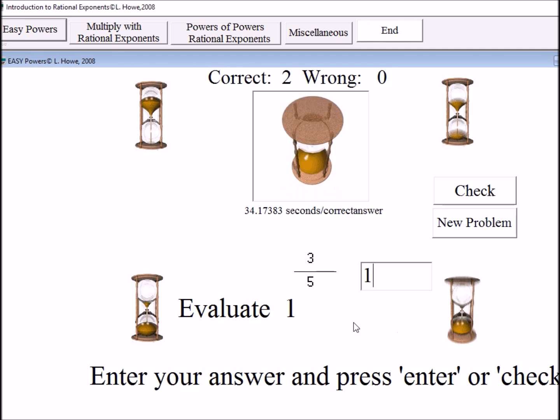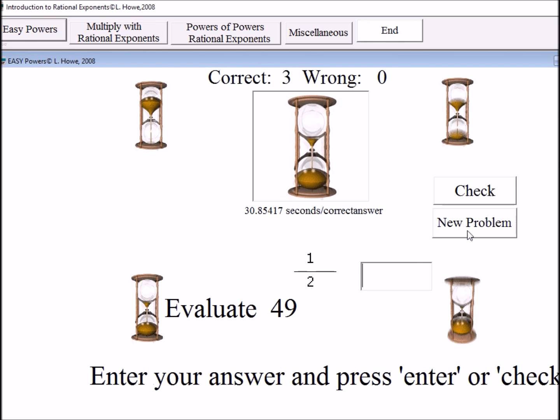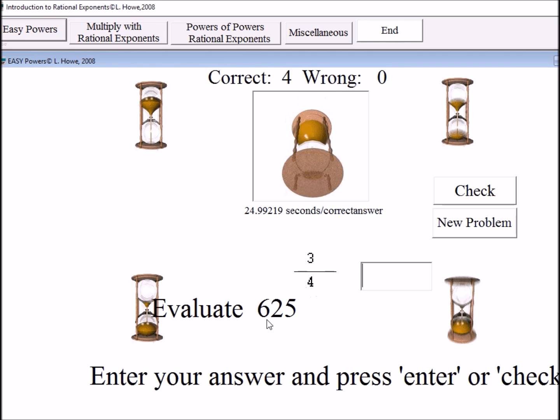I couldn't believe the number of students that would have something like this on their AP Calculus and come to me and say, I can't do this without a calculator, which means they don't know how to take the roots of 1, and they don't know how to raise 1 to a power. Kind of sad, isn't it? This is the same as taking the positive root of 49, which is 7.